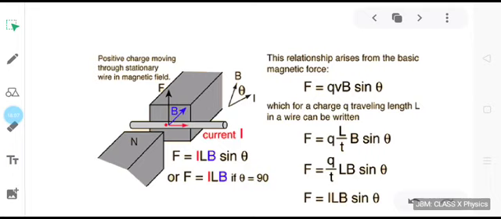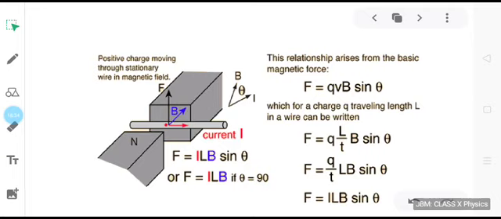Now V is the velocity, Q is the charge flowing, B is the strength of magnetic field, theta is the angle formed between the direction of magnetic field and current. As velocity is given by length by time, the distance travelled by the charge should be equal to the length of the conductor, that is L, and the time taken, let us assume it to be T, then L by T will give the velocity. So F equals Q L by T into B sin theta.